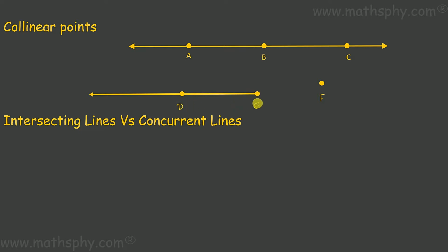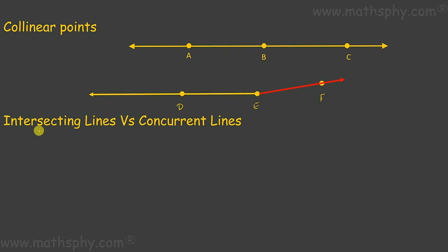D, E, they are collinear. 2 points are always collinear, so you can connect them with one line. This F does not fall into the same direction as E. This is a little bit off. So we cannot connect D, E, F into one line. It means D, E and F are not collinear. They are not falling into one line.